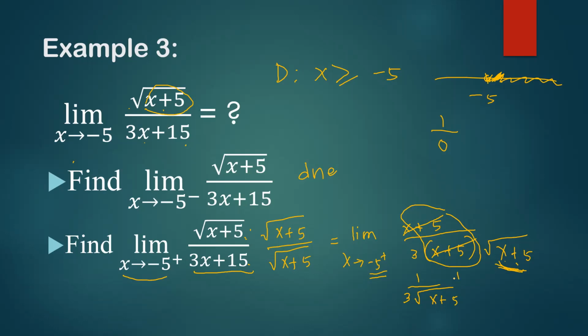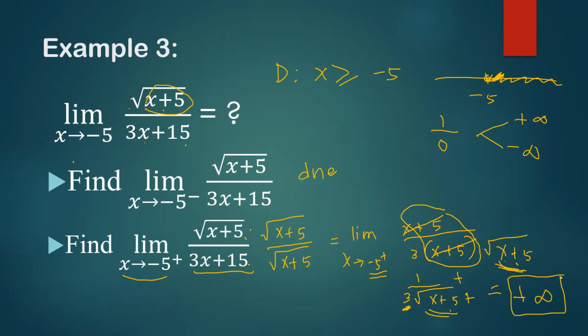This is positive, numerator is positive. Tapos we're coming from positive values pa rin dun sa denominator. Kasi ang answer natin dito, it's either positive or negative infinity. Kasi mag-a-approach pa rin to sa 0 di ba? So, ang magiging answer natin, positive over positive. We have a positive factor there, di ba? So, it will be positive infinity.